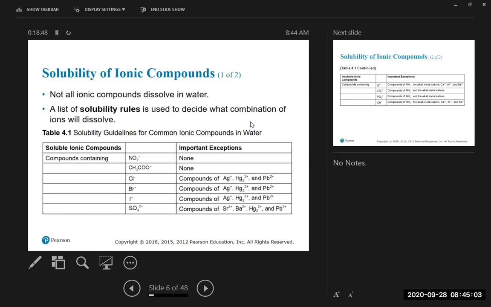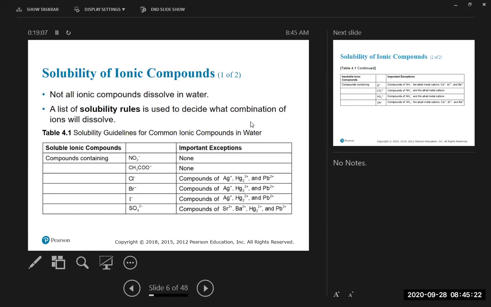So let's talk about the solubility of ionic compounds. Normally you think of ionic compounds as dissociating and being soluble in water. Well, that's not always the case. There are some ionic compounds that, even though they're ionic, are insoluble.